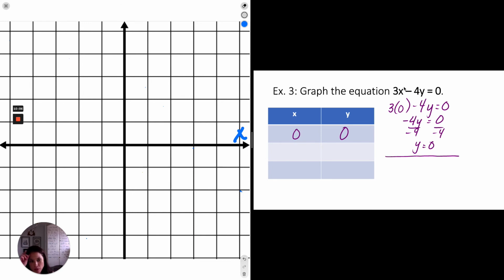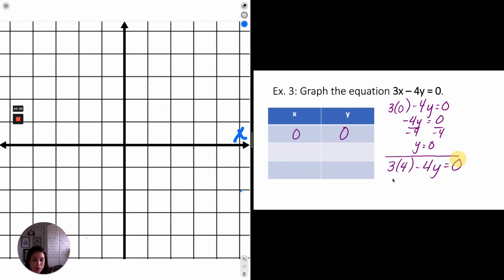Now you need to play with the numbers. What I recommend is that the next number you choose is going to crisscross the number next to it. So we're going to put a value of 4 for x. 3 times 4 minus 4y equals 0.